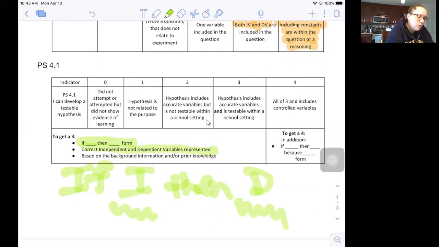And then if you throw in the because, okay, and you give some sort of reasoning as to why you think that this is the answer to your experimental question and why you think what's going to happen will happen, and it makes complete sense, and you've tied it to something science like definitions or vocabulary or some sort of knowledge, then you have the ability to get a 4.